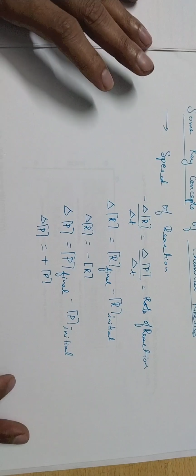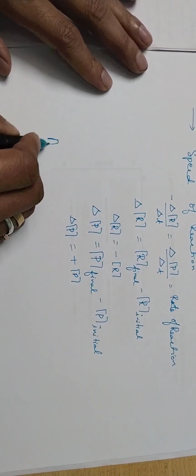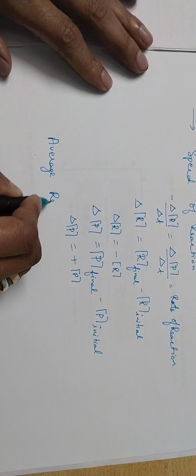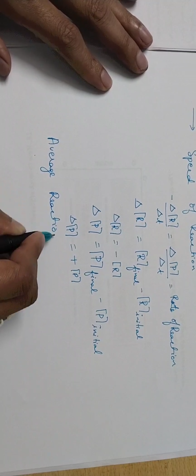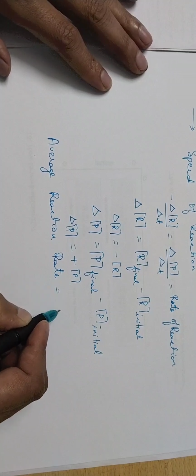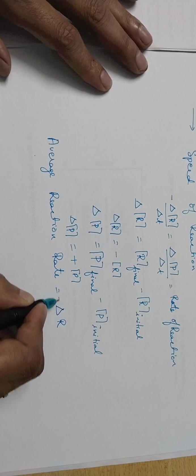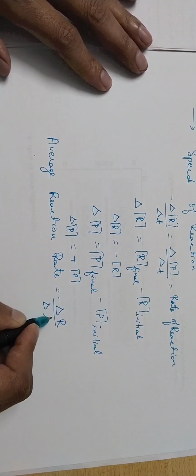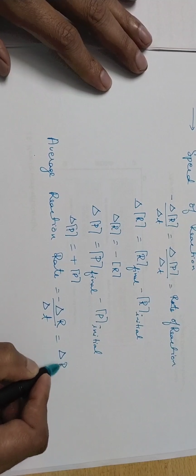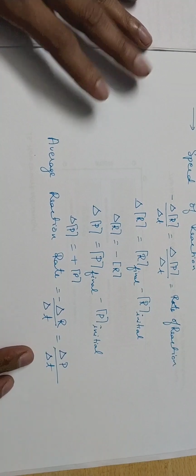Then we have something called the average reaction rate, which is the change in the concentration of reactants or products over a larger amount of time, over a large period of time. The time intervals are large here.